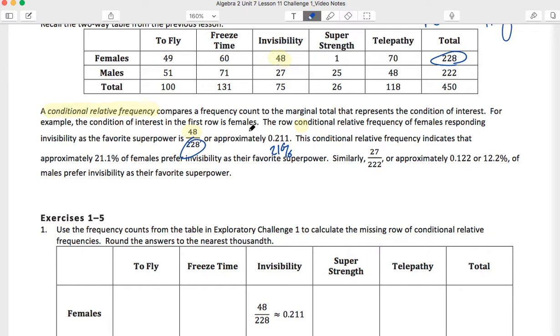Similarly, 27 over 222, or approximately 0.122 or 12.2% of males, a new condition, prefer invisibility as their superpower. So with conditional relative frequency, we are not comparing the number to the marginal total. Now we're comparing the number to the condition. So this 48 would be compared to females, this 51 would be compared to males.